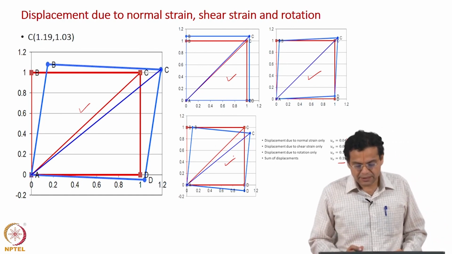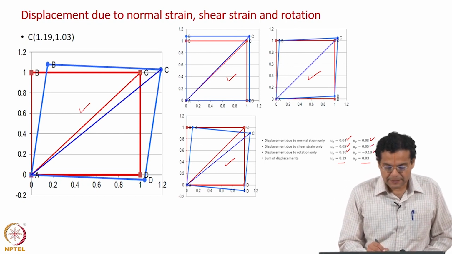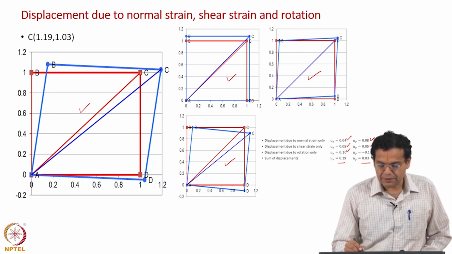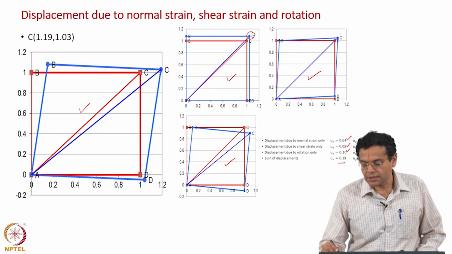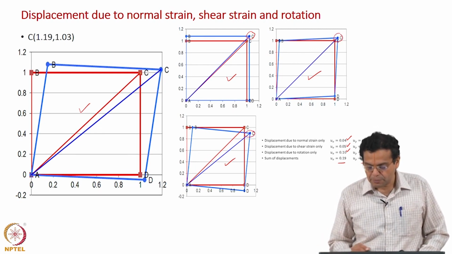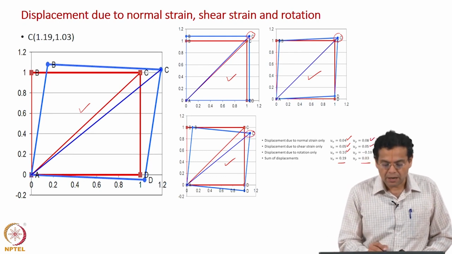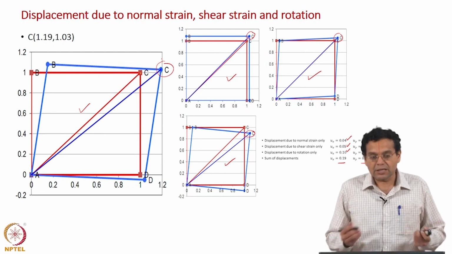And just to mention about this coordinate C, of course obvious, look at this, if you start with the normal strain, there is positive x displacement, and due to shear strain also there is positive x displacement, due to rotation also positive displacement. That is why all of them get added and you have a large positive total displacement.